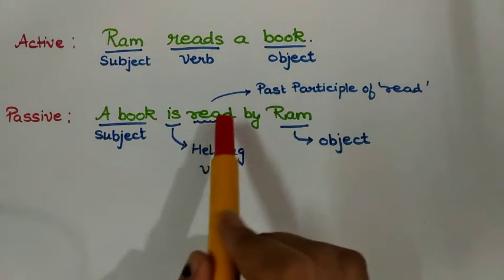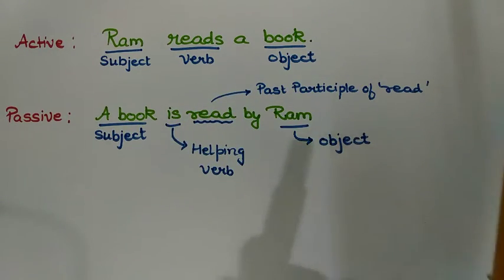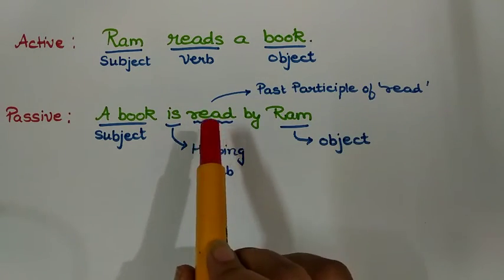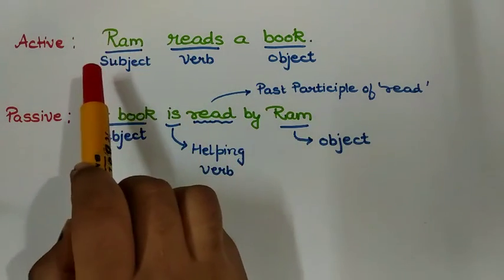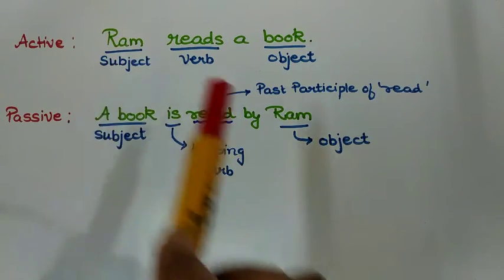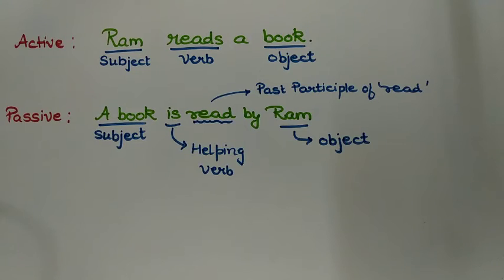Then, read. It is the past participle of the verb read, or we can say the third form of the verb read. Then comes the object. You can see that Ram is acting as a subject in active and as an object in passive. So the words are the same, the sentence means the same, but the place is changed from active to passive.